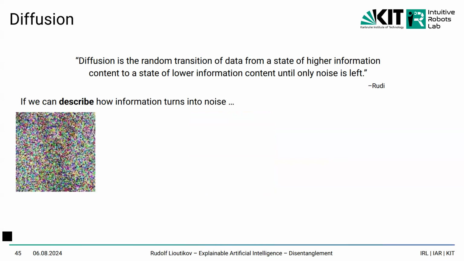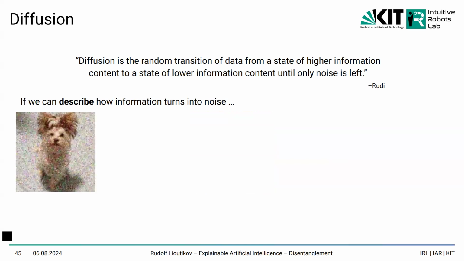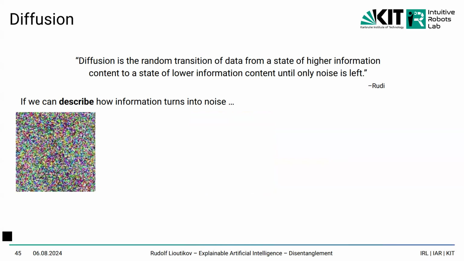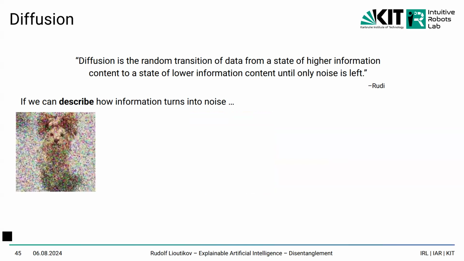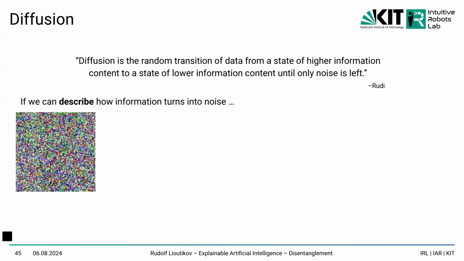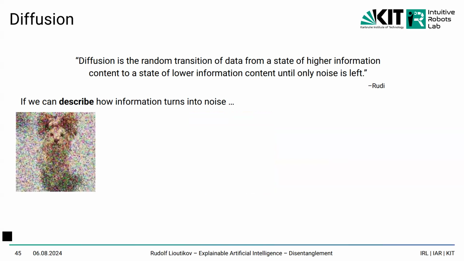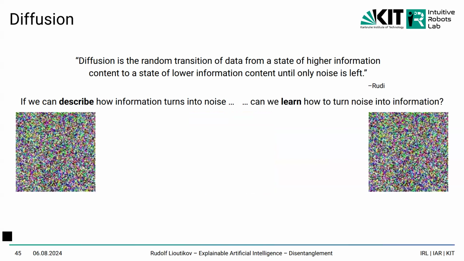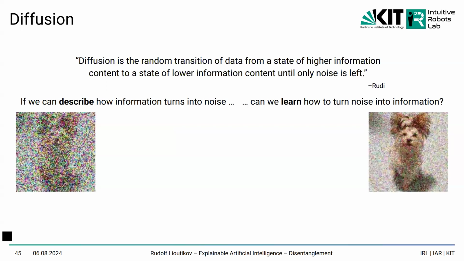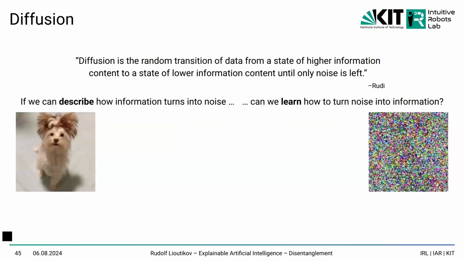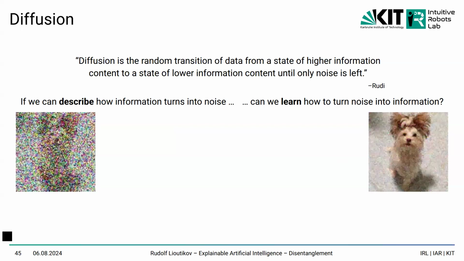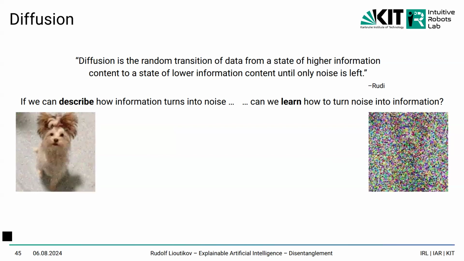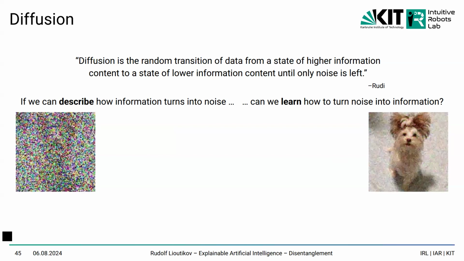The idea is that if we can describe how we get from this information-rich state, like the image of the dog, to a completely noise state or quasi-random state, then maybe we can also learn how to undo that process. So diffusion is the step of doing this, and the reverse step is what we call denoising.